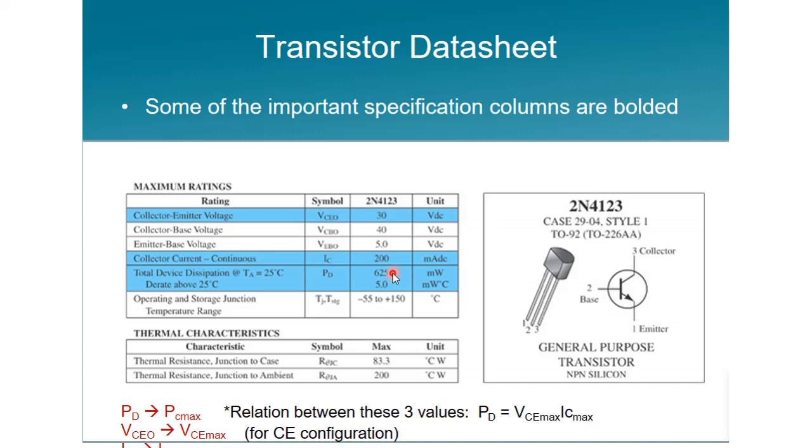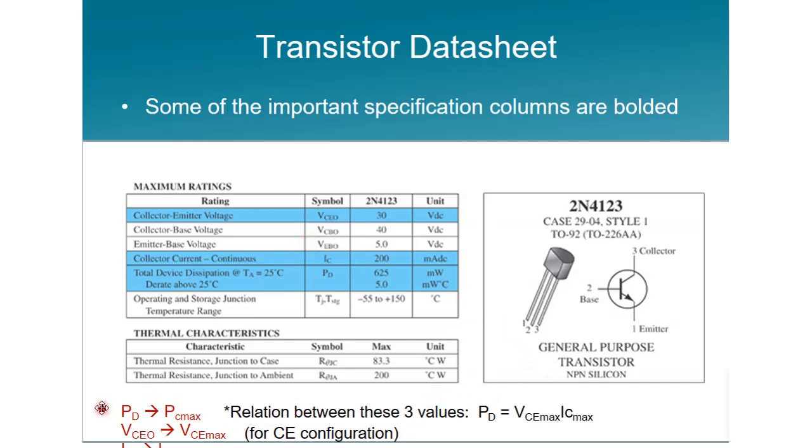And VCEO here is actually VCE maximum. And IC, this is the IC maximum. So if you see this maximum rating table, you must imagine the limits of operation curve.